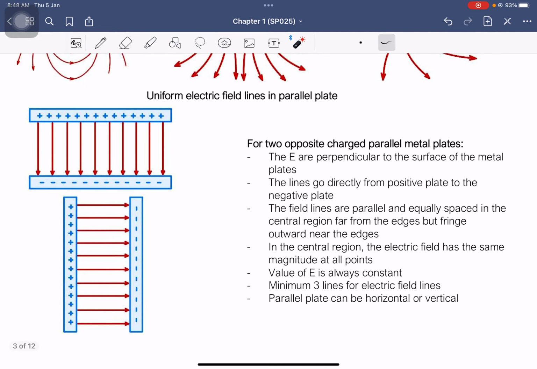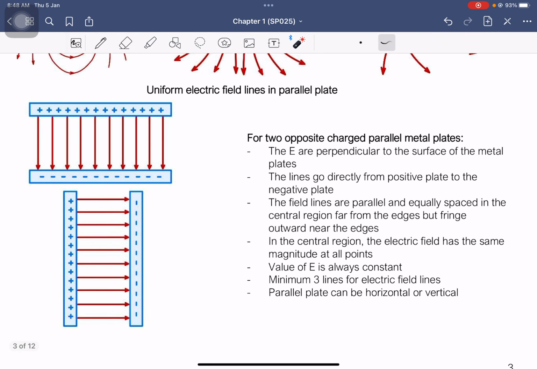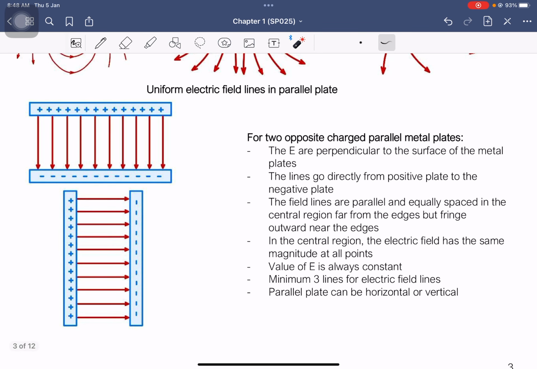Uniform electric field lines. So for two opposite charge parallel metal plates, the electric fields will be perpendicular to the surface of the metal plates. So this is perpendicular. It goes directly from the positive plate towards the negative plate, and the field lines are parallel and equally spaced in the central region, far from the edges, but fringe outward.